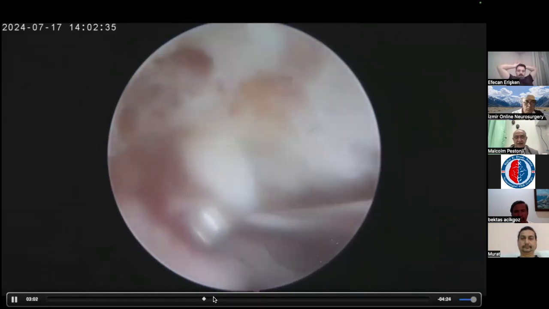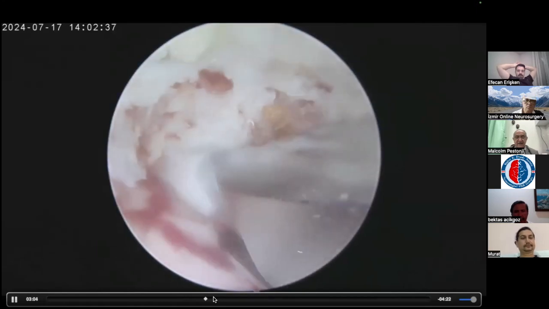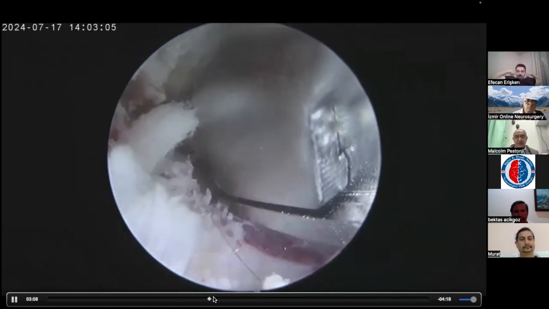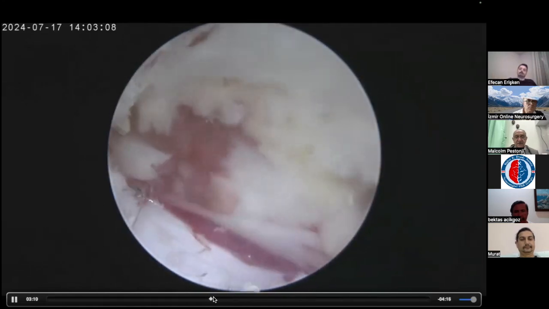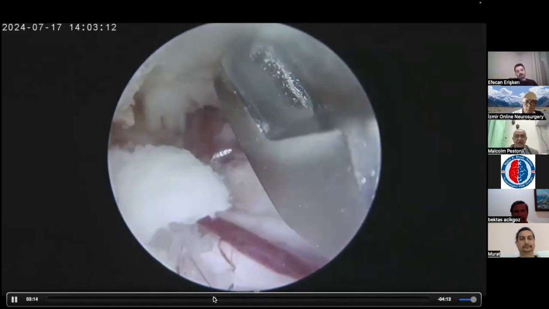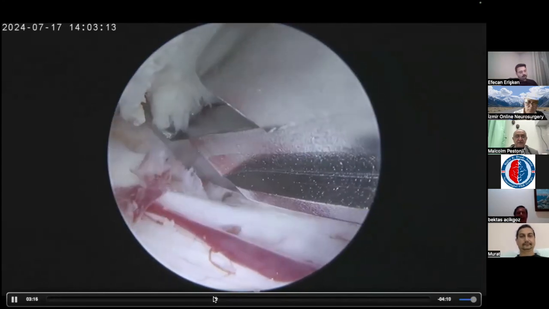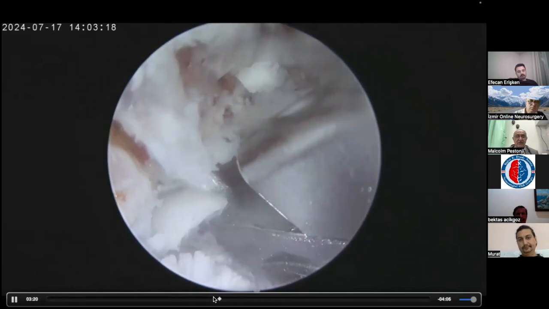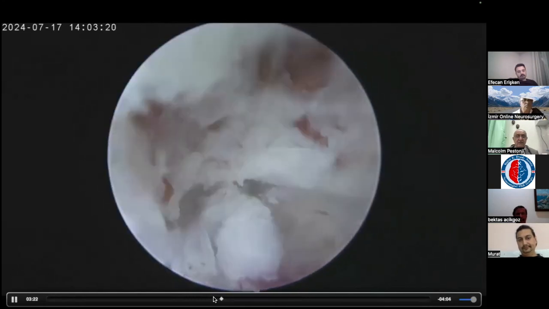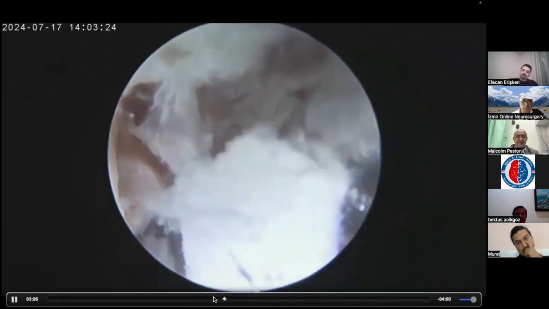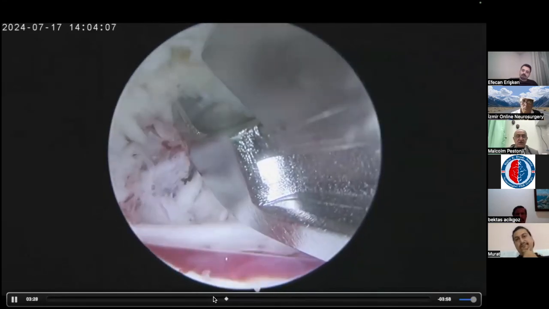So one by one, grabbing out all those calcified bits that were sitting on the exiting nerve root. Now opening up the IAP. So the exiting nerve root is becoming more and more free. But it is still locked by the claw below from the disc. So that's half the job done.